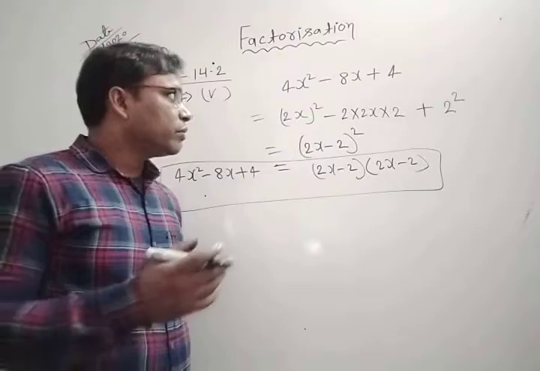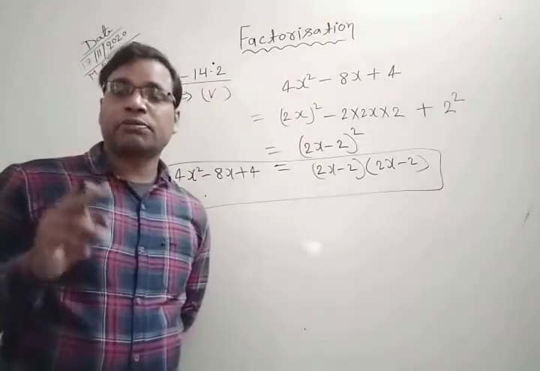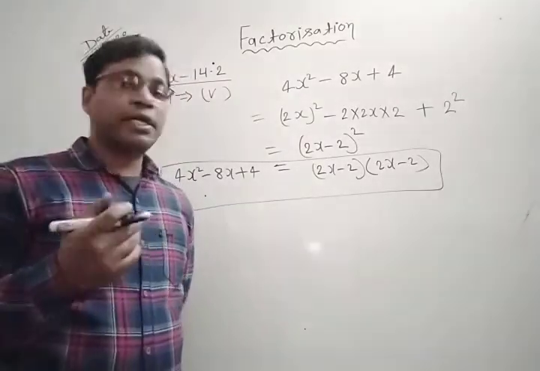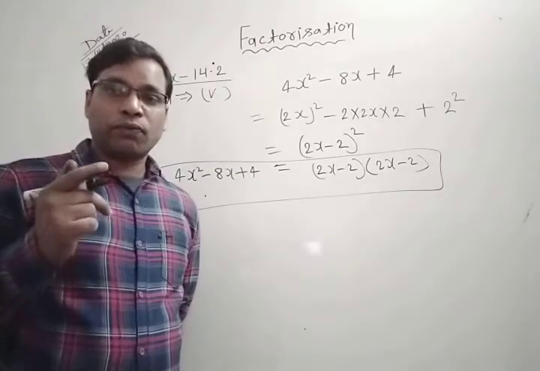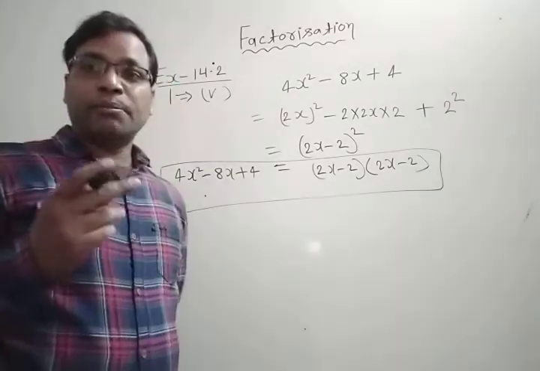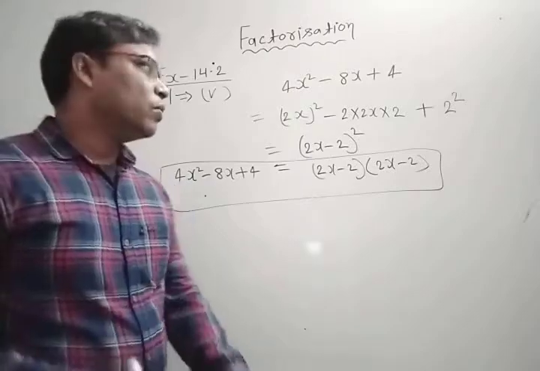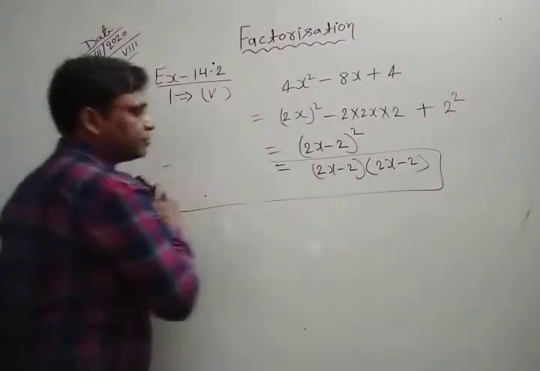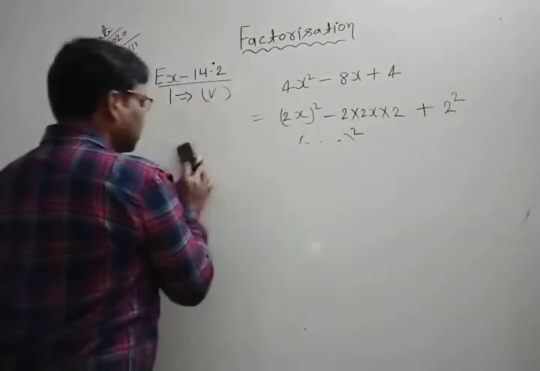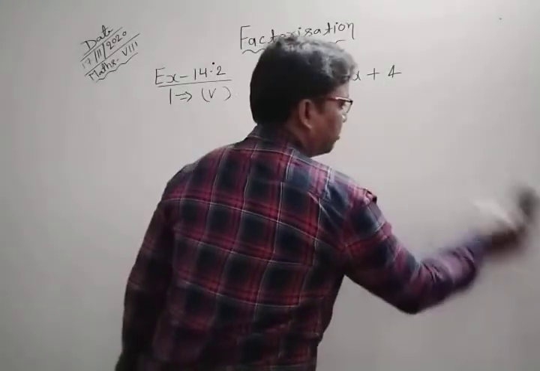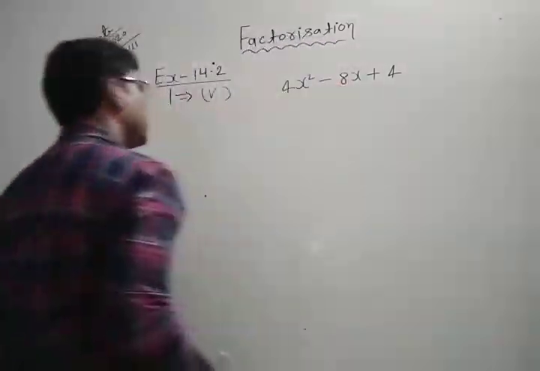After this, we are going to find the factors of the given expression without using any identities. So in this way, we break the given middle term into equal parts. Let's see how to find the factors of the given expression without using any identities.